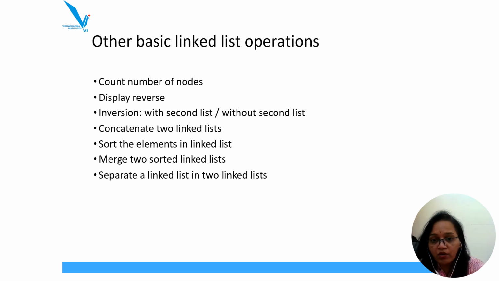You can invert the whole list by taking the help of one more list, or without the help of a second list. Then you can concatenate two lists. You can sort the elements in the linked list. You can merge two sorted lists, and you can separate a linked list into linked lists also. So these are some of the basic operations that we can also perform on the linked list.